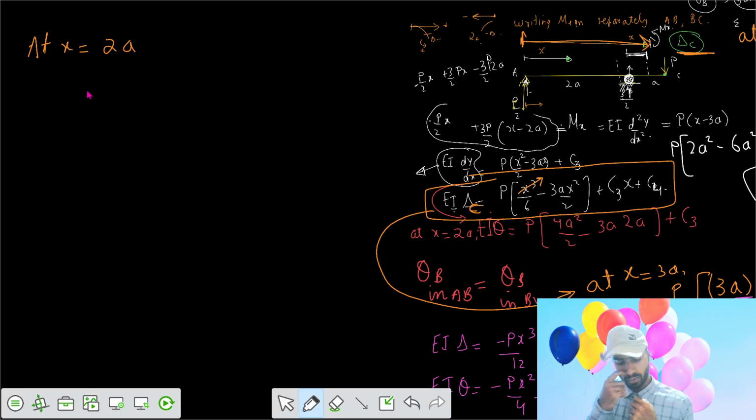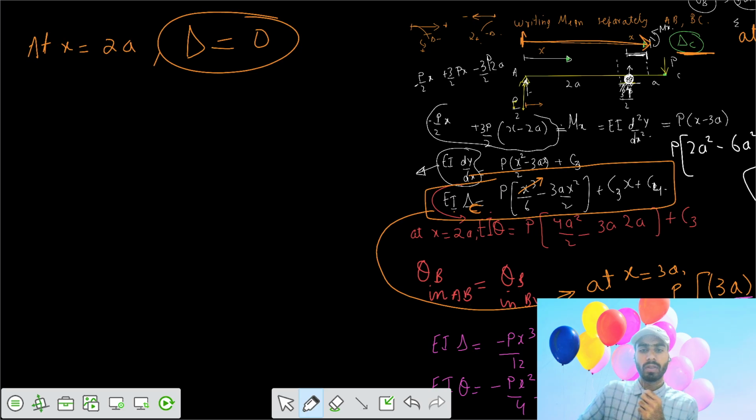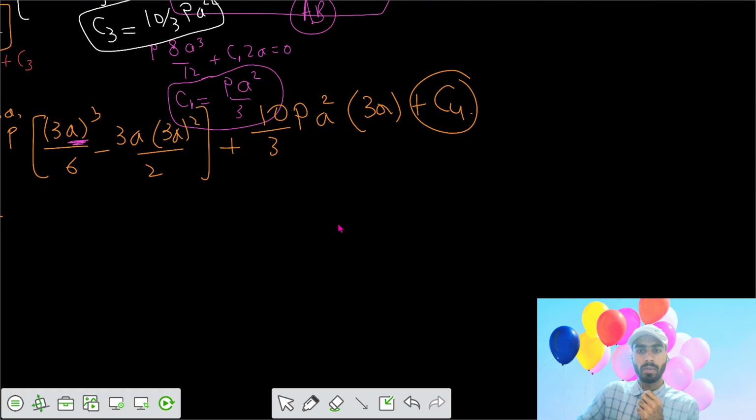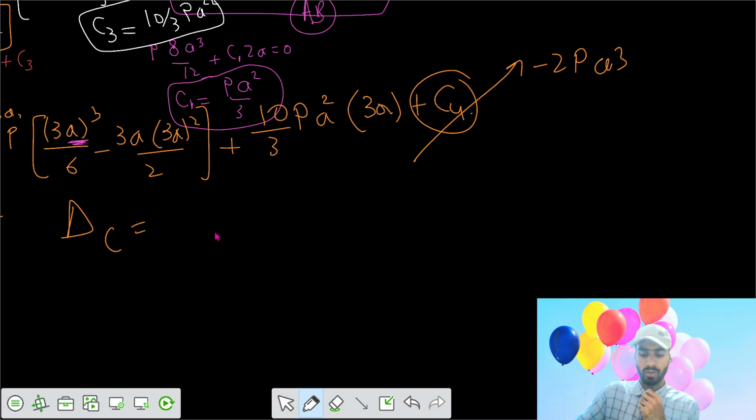At x equals 2a, delta is 0 because the support is there, and you can get the value of c4. That comes out to be minus 2Pa cubed. Then finally substitute the value of c4 here, minus 2Pa cubed, and you can get the value of delta at C equals minus 7 by 6 Pa squared upon EI.